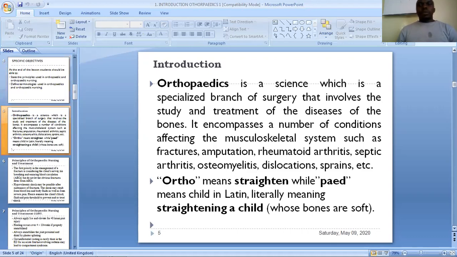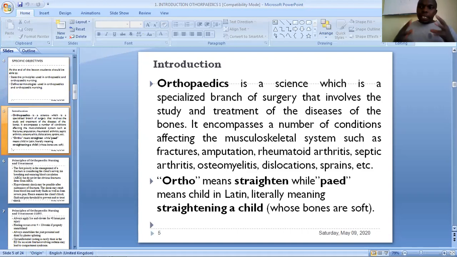So there we go. Orthopedics is a science which is specialized in the branch of surgery that involves the study and the treatment of diseases of the bones. It encompasses a number of conditions affecting the musculoskeletal system. As you're aware, the musculoskeletal system has the skeletal system itself and the system that has muscles.